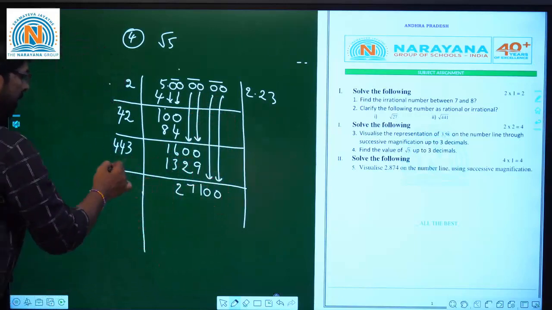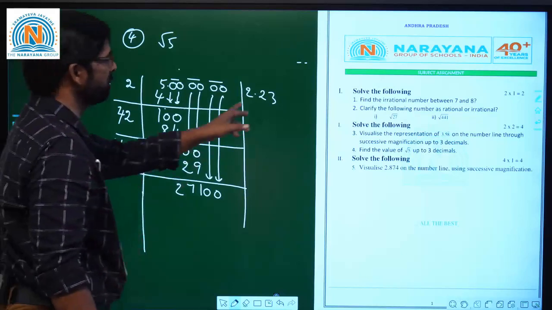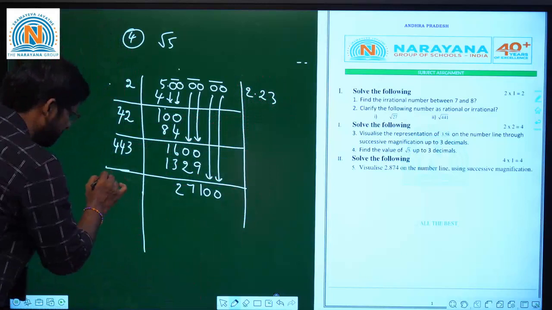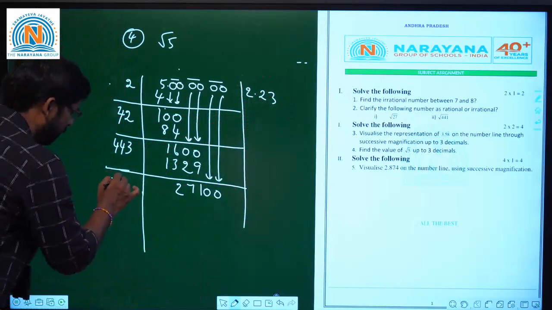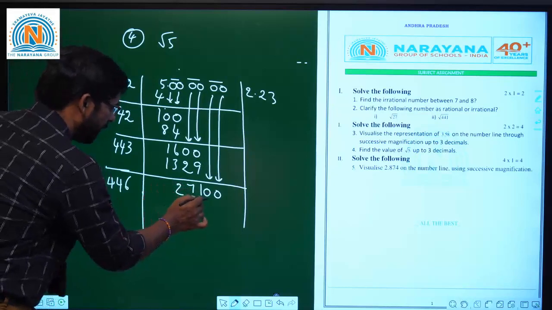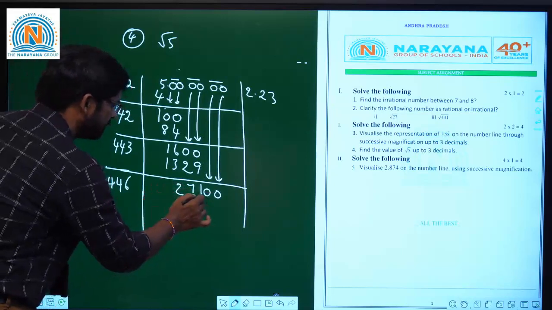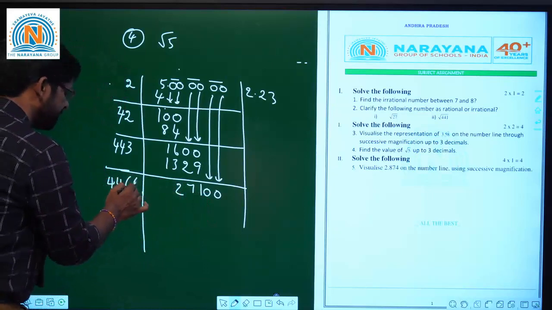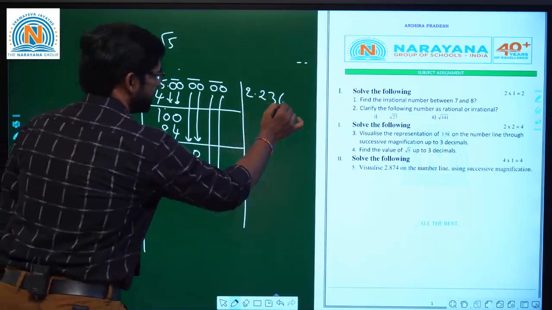Next, twice of the quotient. Here the quotient is 223 except the point, double this, twice means 446. Now we observe that the fourth place, 2710, is divisible by 446 how many times? 6 times. You get 6 and 6.